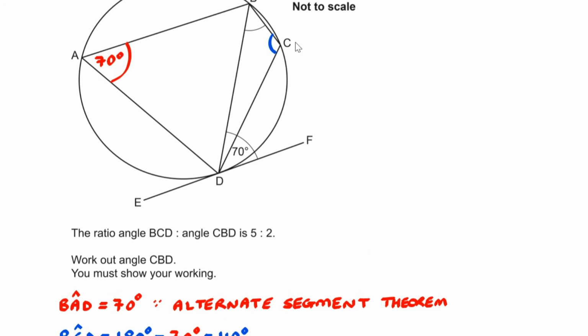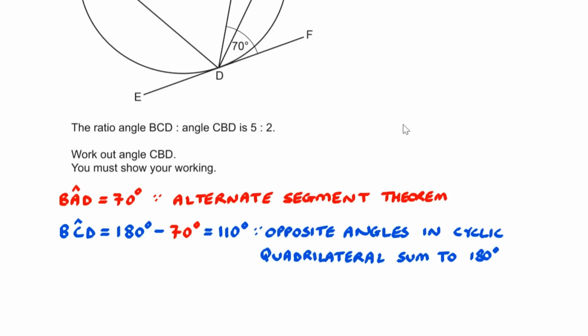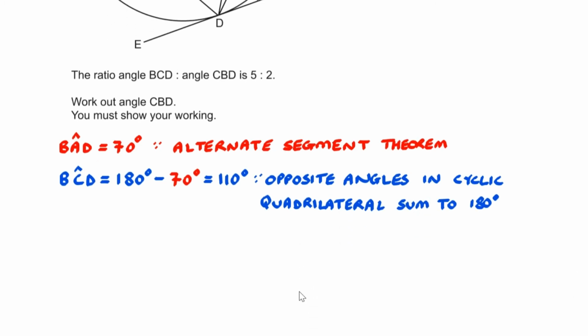So this angle here is 110 degrees. And that's because opposite angles in a cyclic quadrilateral sum to 180 degrees.